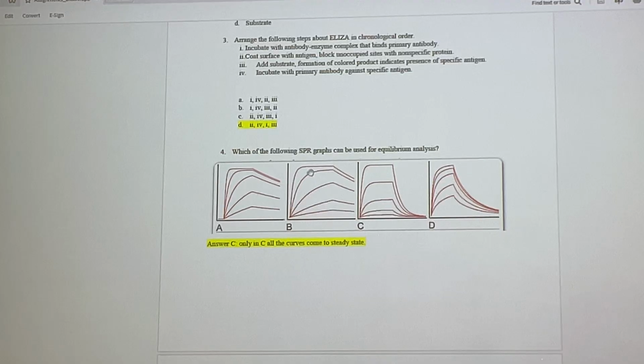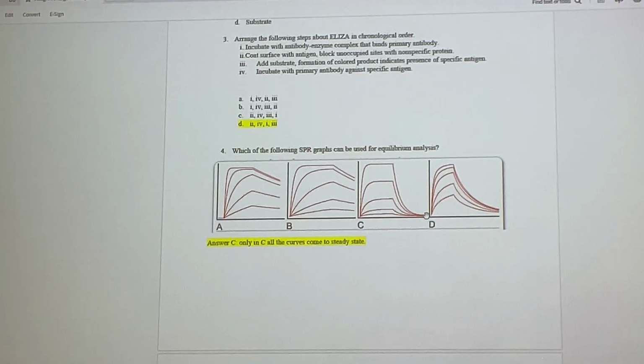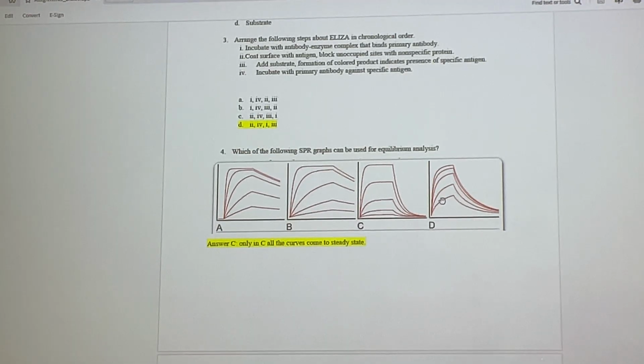All right. And same for B. And for D, this step is okay. It's already kind of flat, but for some of the curves, you can see the association step, the binding step, hasn't reached flat. Okay, so like this one, it's not flat yet.